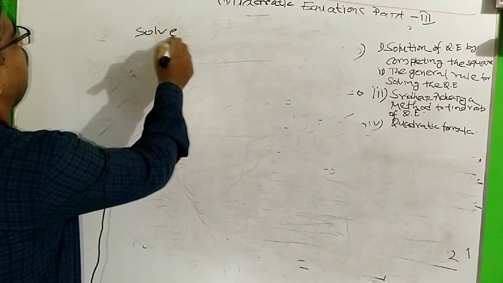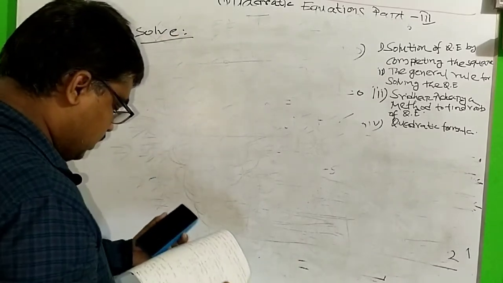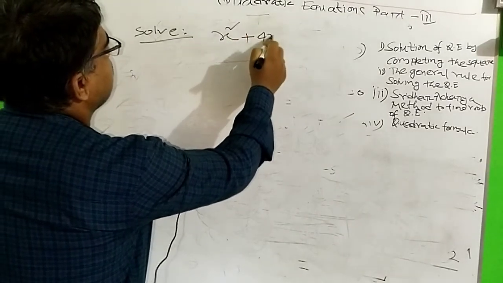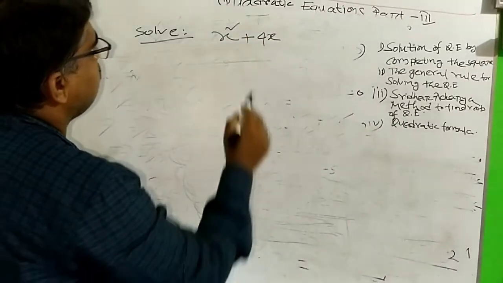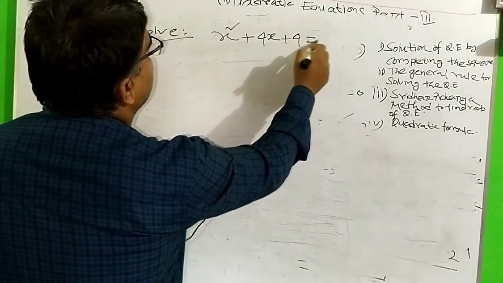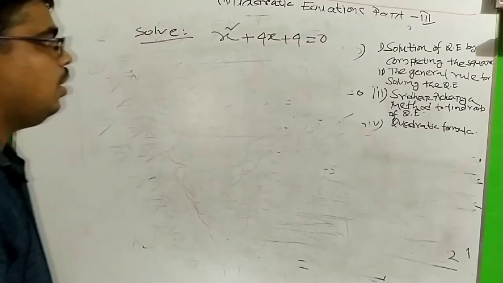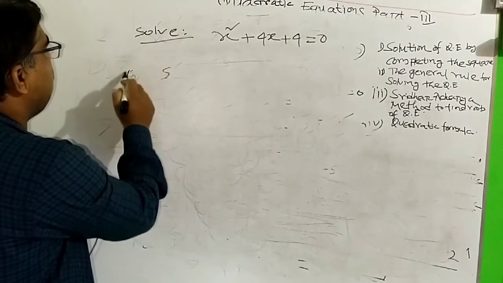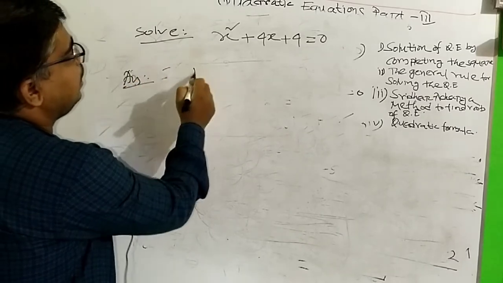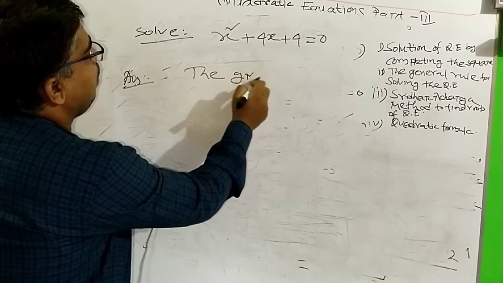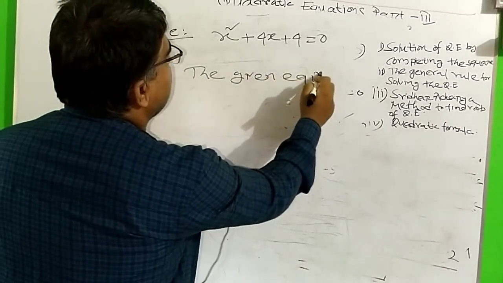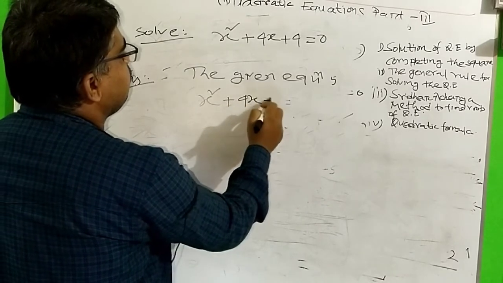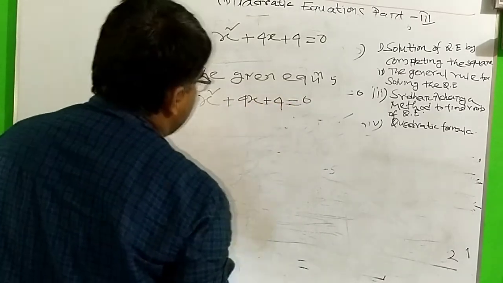Solve x square plus 4x plus 4 equal to 0. Okay, solution, answer. The given equation is x square plus 4x plus 4 equal to 0.